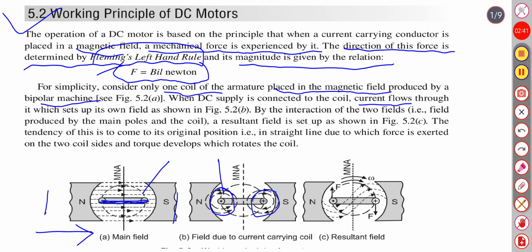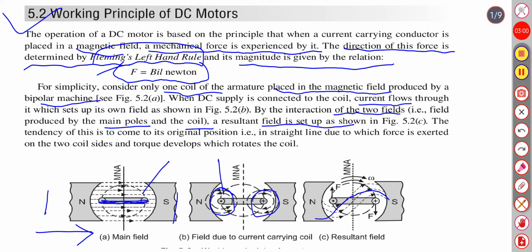By the interaction of these two fields, the main pole and the coil, a resultant field is set up like this. This is the resultant field.